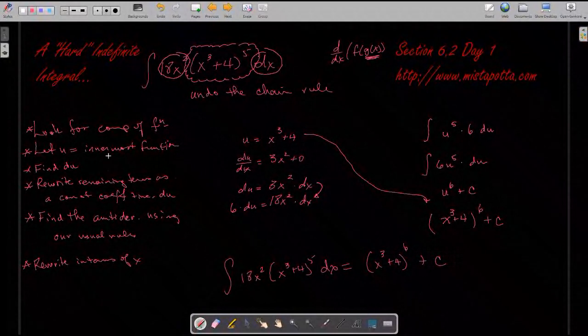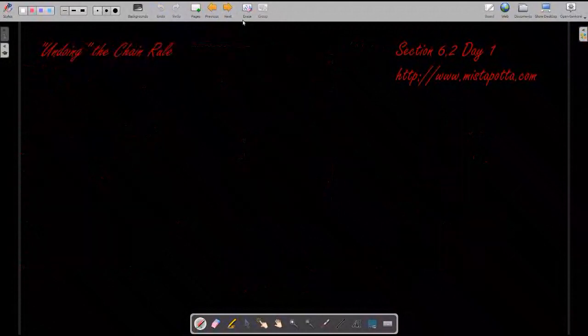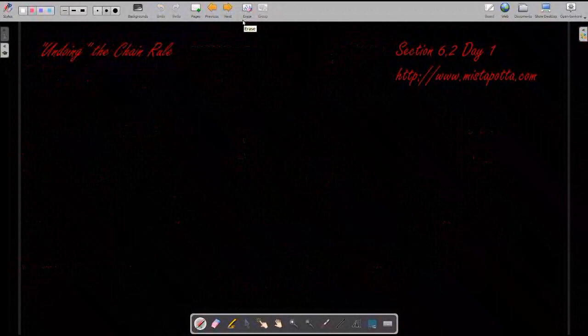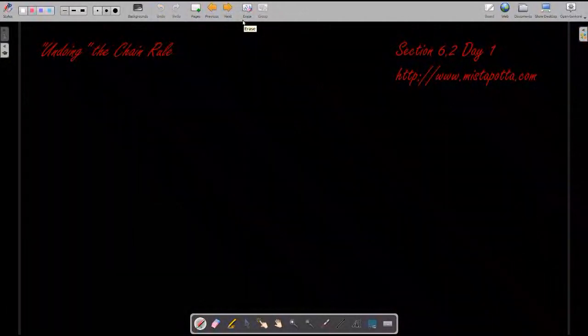And so it's the series of steps that we're going to be dealing with here to find antiderivatives using what we call u substitution. We're really undoing the chain rule.